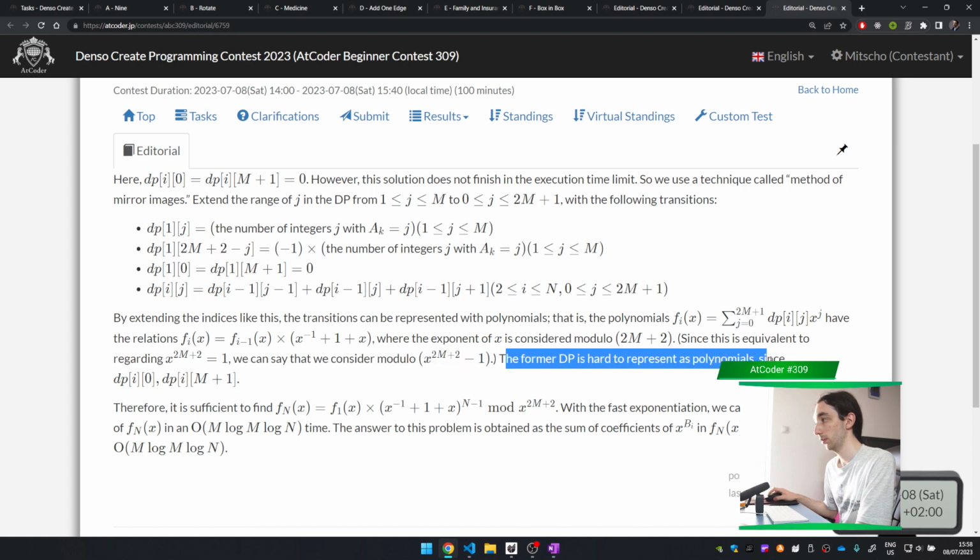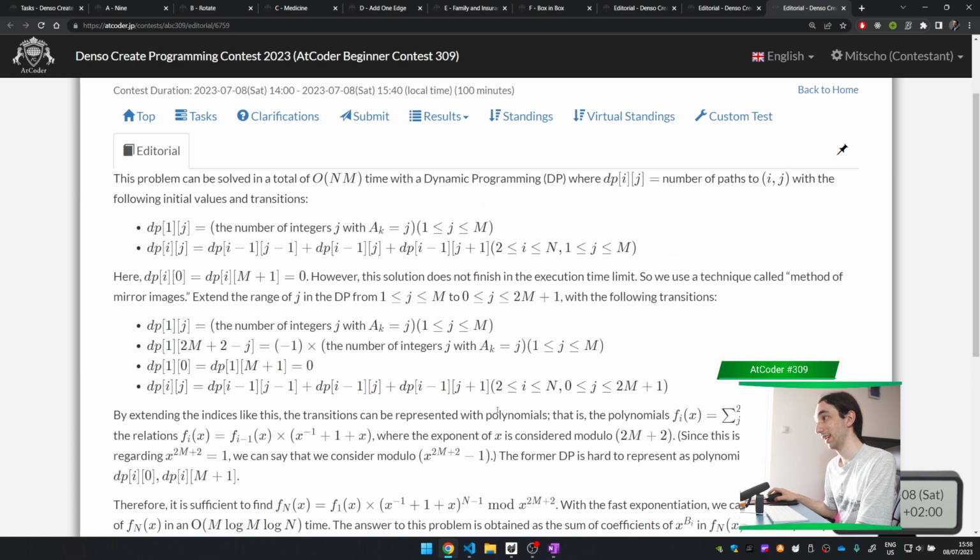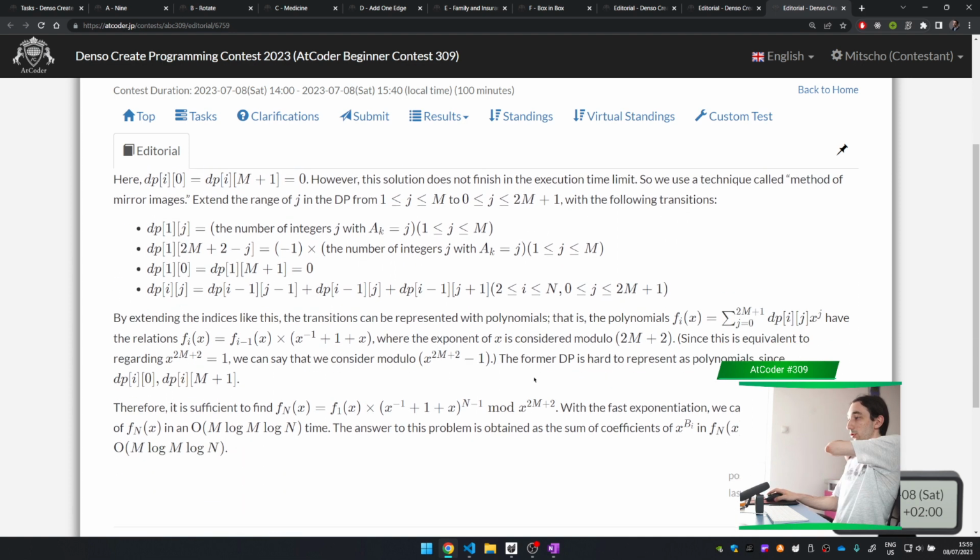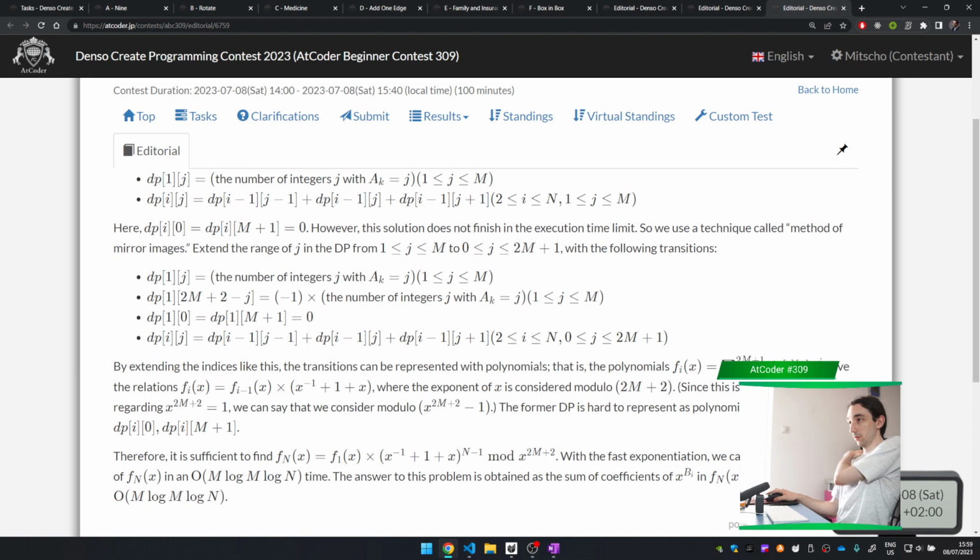The former DP is hard to represent as polynomials, therefore it is sufficient to find f of n as this times that modulo 2n plus 1 plus 2.